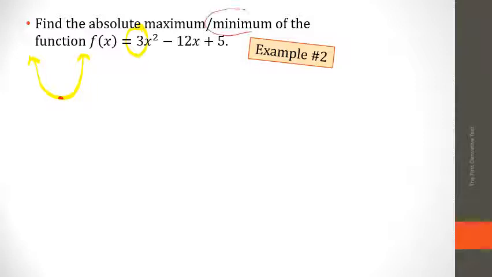So this is going to be an absolute minimum because the other arms of the parabola go up forever, right? So this point is going to be the absolute min. It's also a local minimum, right? Locally, it is the lowest point, but it's also globally a minimum or an absolute minimum because when you look at the entire function, it's also a min.